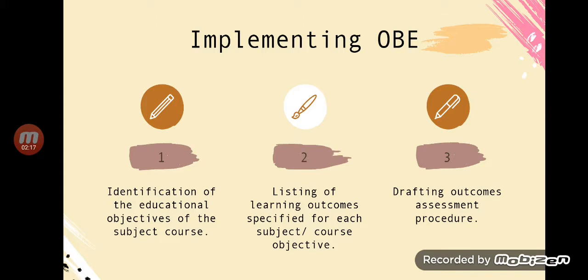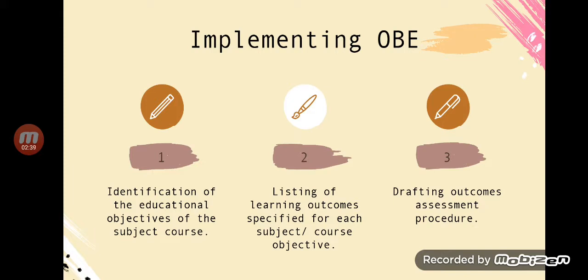It can be expressed using verbs such as to develop, to provide, to enhance, and even to inculcate. These are samples of the verbs that we can use as far as the educational objectives are concerned.